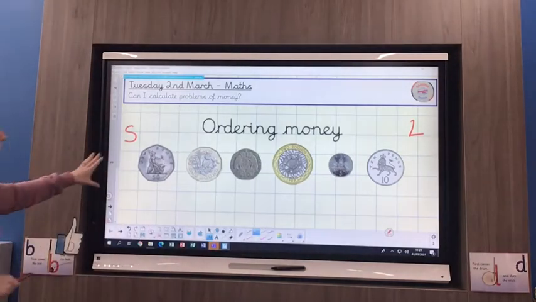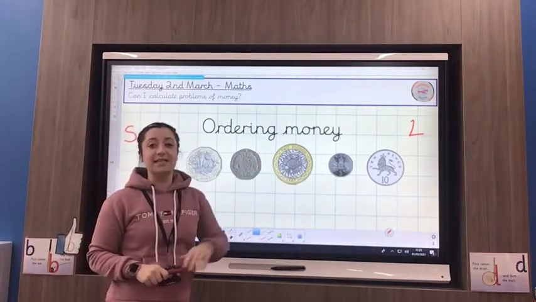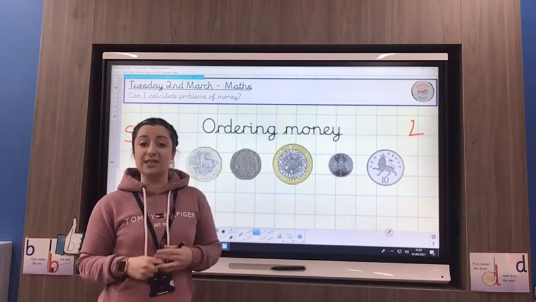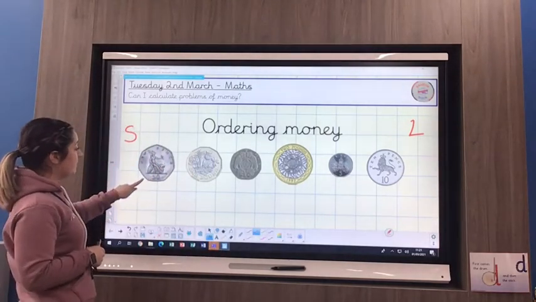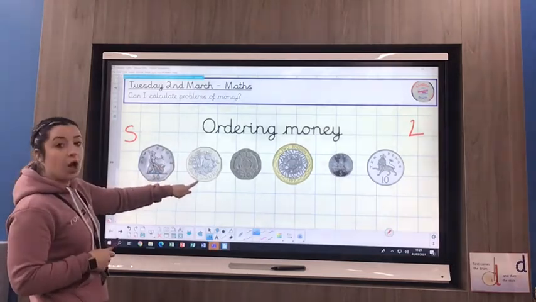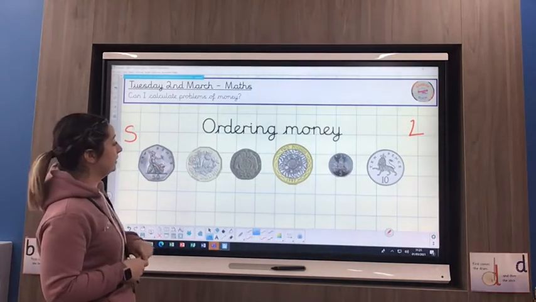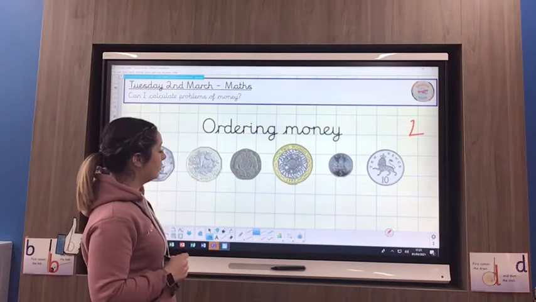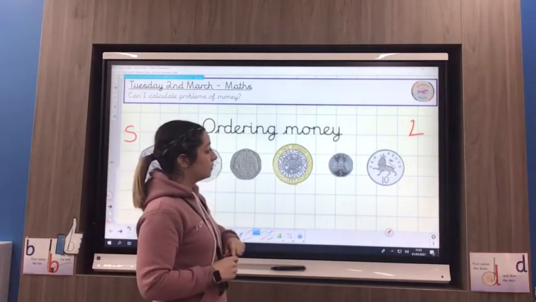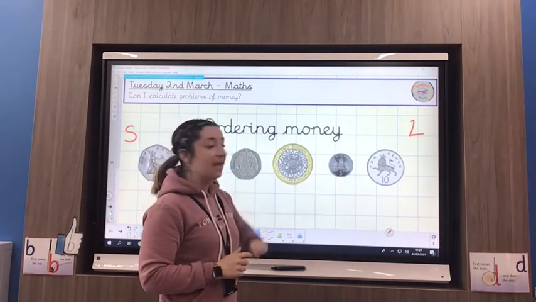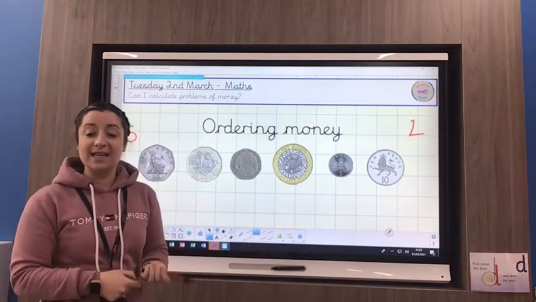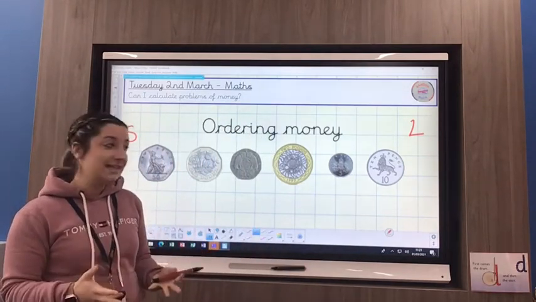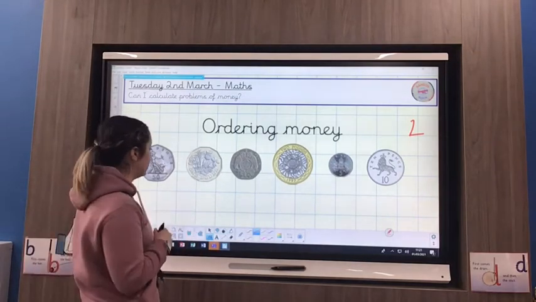So having a look at all of these coins, we need to identify which one's got the smallest value to start off with. So let's have a look. We've got a 50p coin, a £1 coin, a 20p coin, £2 coin, 5p and 10p. So I need to have a look which one's got the least value.